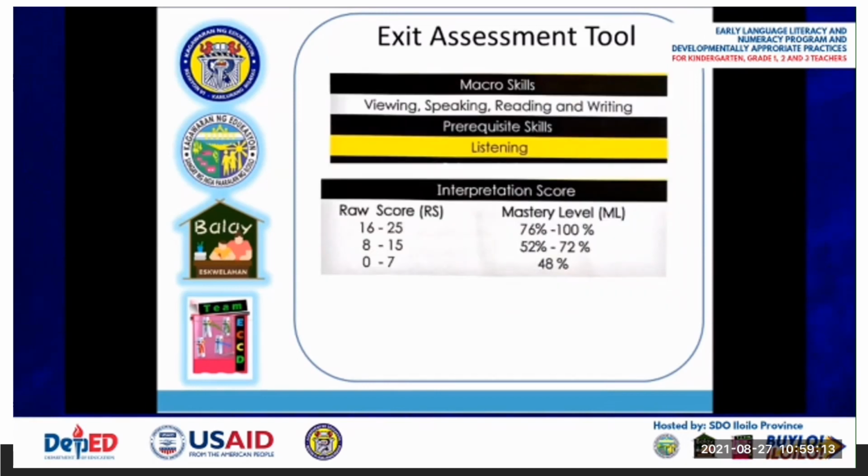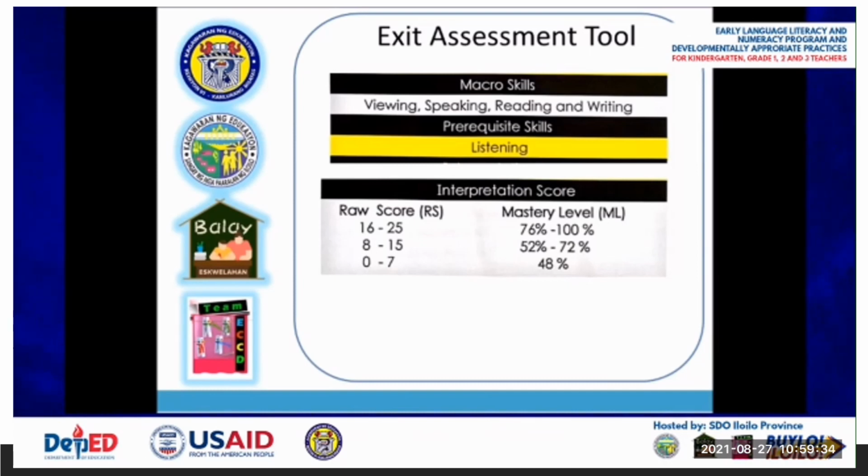Macro skills: viewing, speaking, reading, and writing. Prerequisite skill: listening. For interpretation of score, the raw score of 16 to 25 means 76 to 100% mastery level.